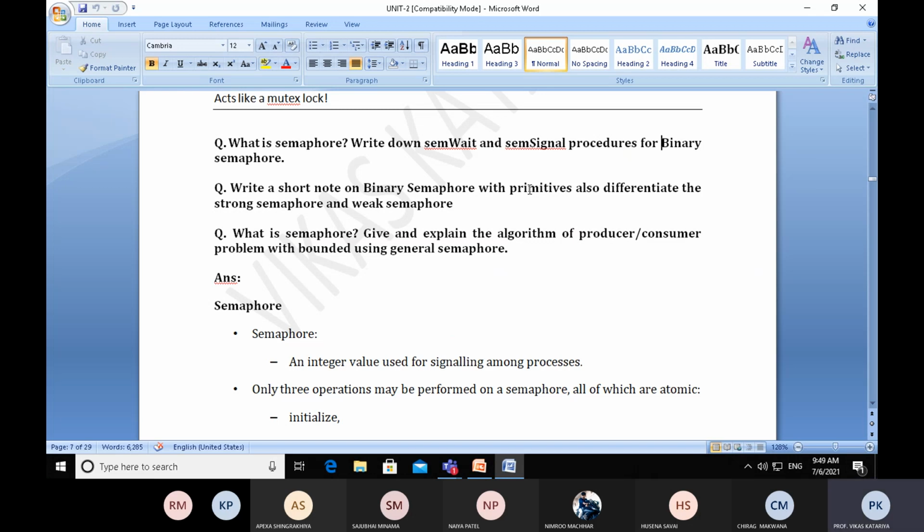And suppose the next process comes into the critical section, again the semaphore variable 2 will be converted to 3. So this can also be done, but the most important semaphore is the binary semaphore, which has values 0 and 1. 0 indicates the critical section is empty and 1 indicates the critical section is filled by some process.